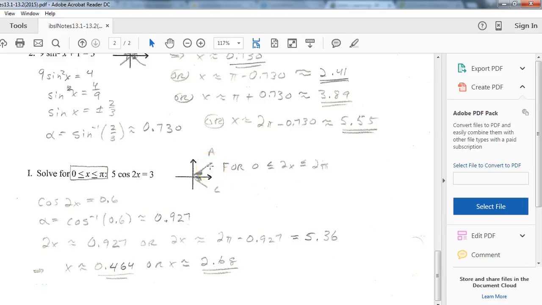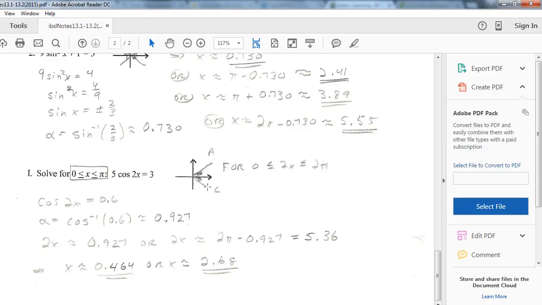Cosine values are x values, they go right and left. Well, if I have a positive x value here, where else would I get a positive x value? It means I'm traveling to the right because it's a positive x value. So this length that I have right here can be mimicked down here. So I'm also traveling to the right because it's a positive x value to get my next answer.